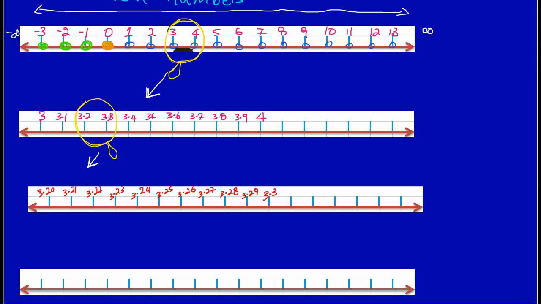And if you notice, it's between 3.2 and 3.3 that I'm representing here.